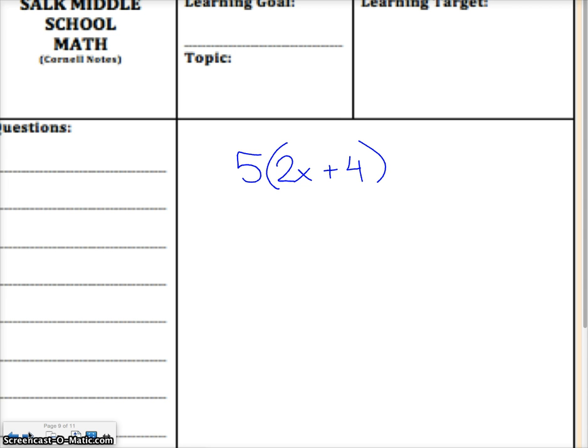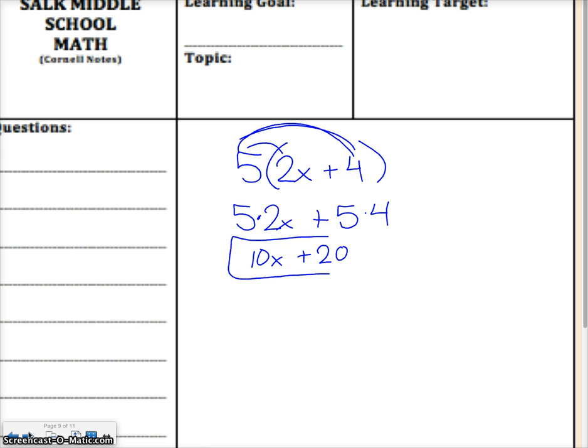And in math, to bring the number from the outside to the inside of the parentheses, you have to distribute, which means multiply. So this actually turns into 5 times 2x plus, now I got to multiply the 5 to that last term, 5 times 4. 10x plus 20. And that's how our answers look when we simplify with the distributive property.